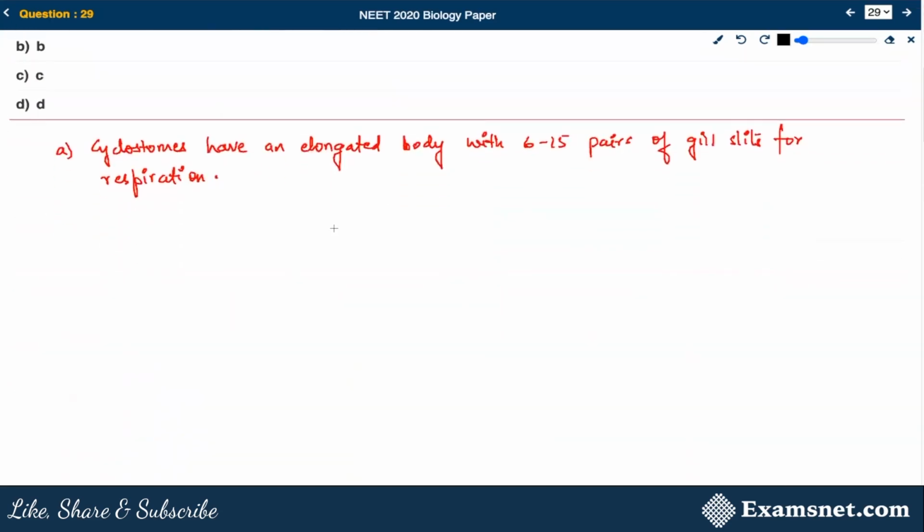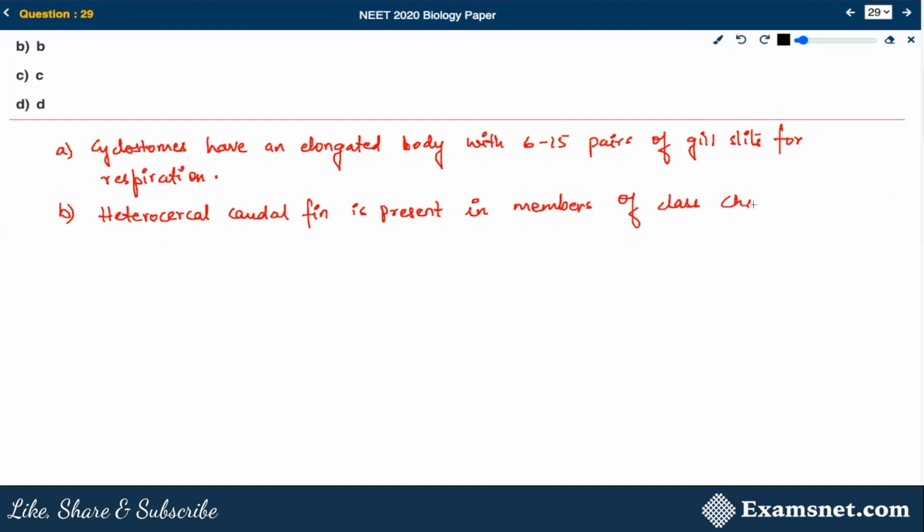You can just write that this is one of the characteristic features: heterocercal caudal fin is present in members of class Chondrichthyes. All right.